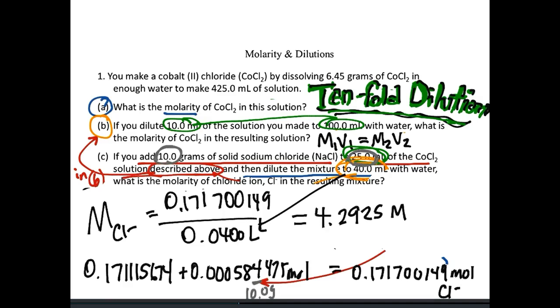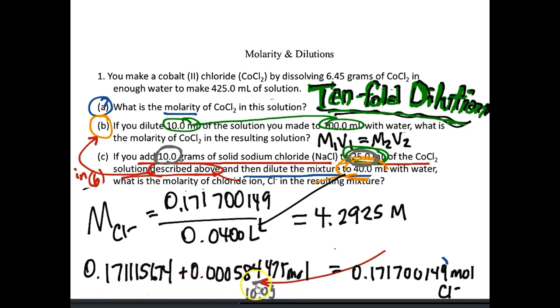For significant figure purposes, my 10 grams of sodium chloride has 3 sig figs, which means this 0.171 number has 3 significant figures. It's accurate to the thousandths place, 3 digits after the decimal. This number of moles originally came from the 10 grams.